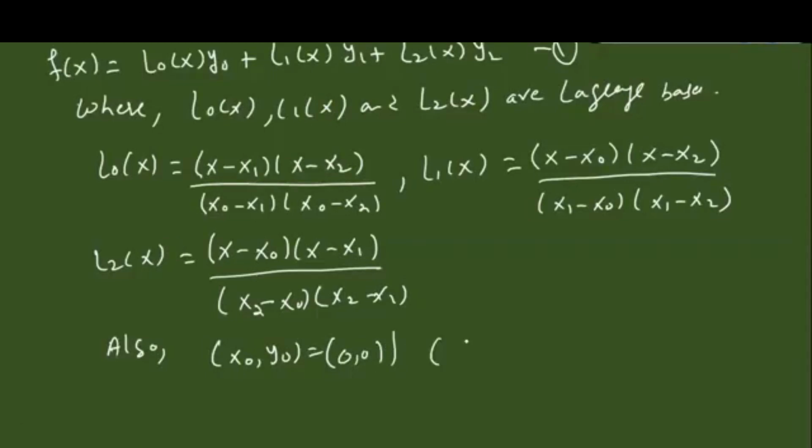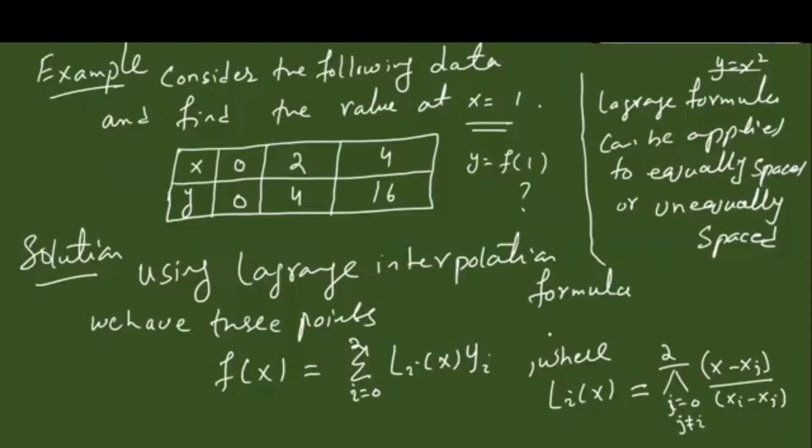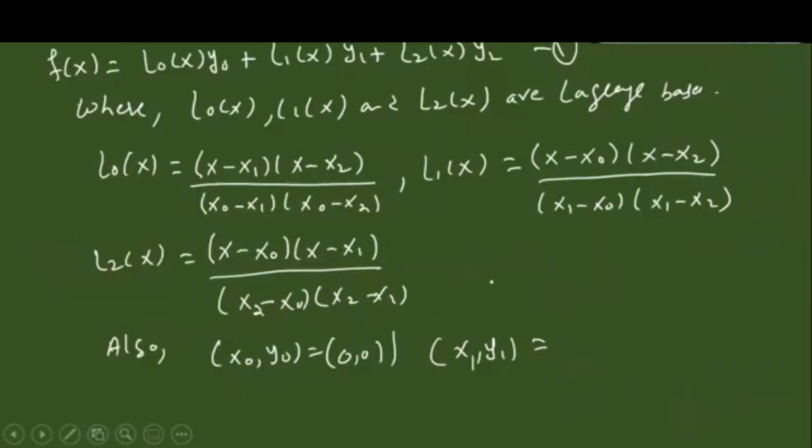And x1 y1 is (2, 4), and x2 y2 is (4, 16). This is defined like that. Just replace it and you will get the formula ready, and then replace them in this position: y0 is 0, y1 is 4, and y2 is 16. So you have a Lagrange formula ready for interpolation.